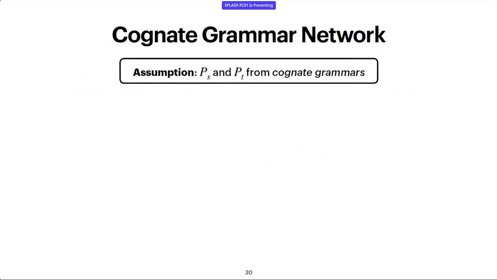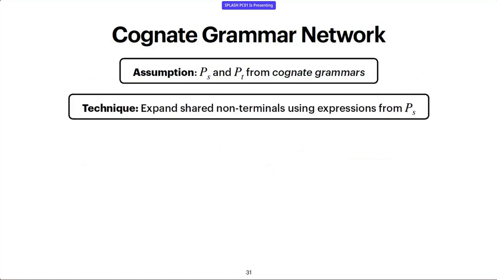So what is the cognate grammar network that we use? The key assumption of our cognate grammar network is that our source and target programs, p sub s and p sub t, are derived from cognate grammars. So what technique do we use to take advantage of that assumption? When we encounter a shared non-terminal, we assume that it can be expanded using expressions from the source program.